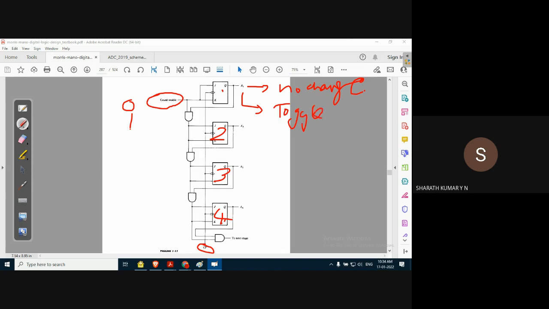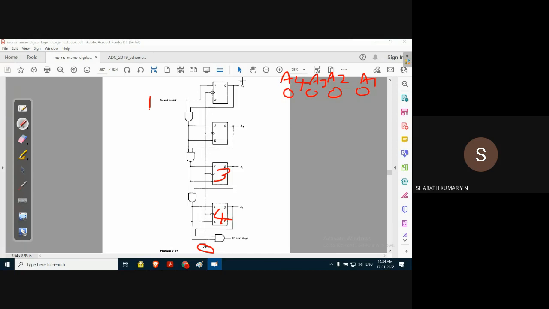Let us start with the initial condition 0000, and say the count enable input is 1. Here they have used A1, A2, A3, and A4. A1 will change state from 0 to 1, and the other flip flop outputs remain the same because they are yet to change state.